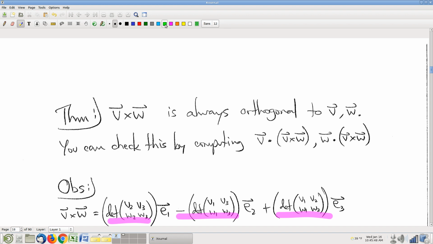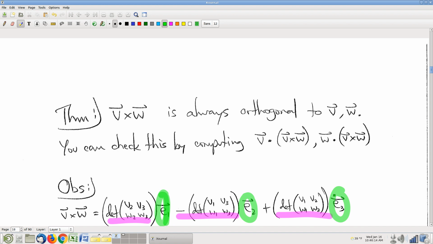Now these are coordinates because these are the coefficients in front of the standard basis vectors. Don't forget we talked about last week that a vector with coordinates can be viewed as a linear combination of the standard basis vectors where your coordinates become the coefficients. So I'm using that trick here, which ends up being important.